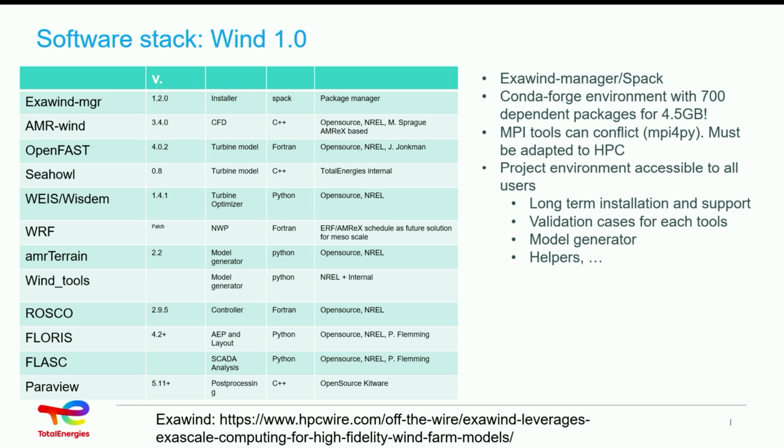And we also want to limit the number of software used, mainly on the CFD part. So at the origin, we planned to use both the Nalu-Wind software and the AMR-Wind software in the Hexawind project led by Mike Sprague. But we prefer to limit to only AMR-Wind and perhaps to invest a little bit in the development of new features that we are missing in AMR-Wind, the RANS capability and also the complex terrain capability.